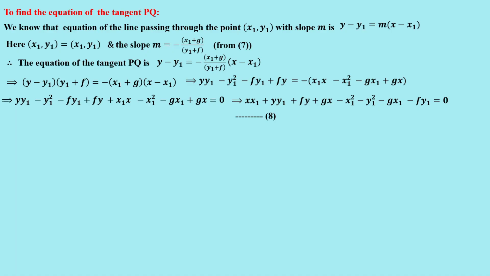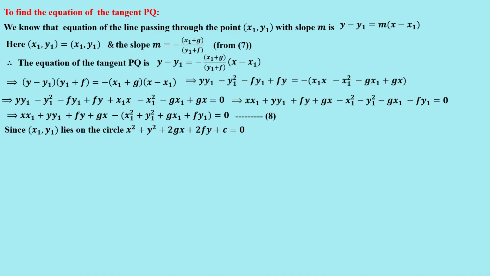That is equation number 8. We are grouping x x1 plus y y1 plus f y plus g x, taking the minus outside: same equation, minus (x1 square plus y1 square plus g x1 plus f y1) equal to 0. That is equation number 8.